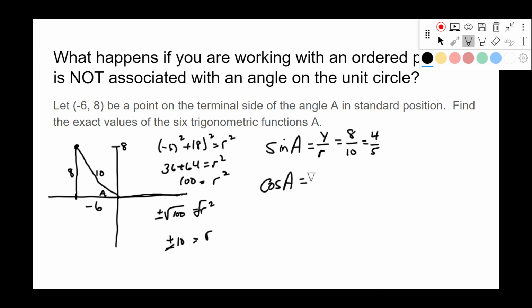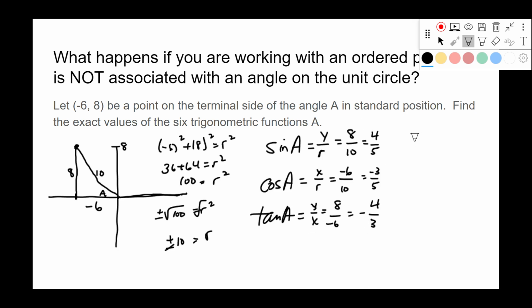The cosine of A is the x coordinate over the radius, x over r. The x coordinate is -6, the radius is 10. That's -3 over 5. The tangent of A is y over x. The y coordinate is 8, the x coordinate is -6. It gives me -4 over 3 if I reduce.